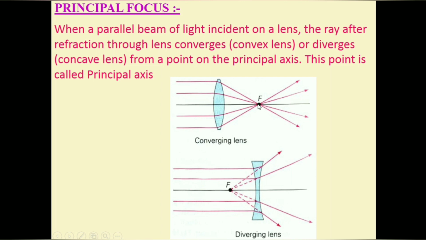This principal focus is real for a convex lens and virtual for a concave lens. Why is it real for convex? Because converging of light takes place. Why is it virtual for concave? Because diverging of light takes place. And principal focus is denoted by the capital letter F.